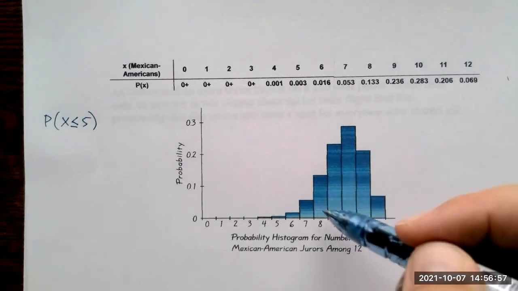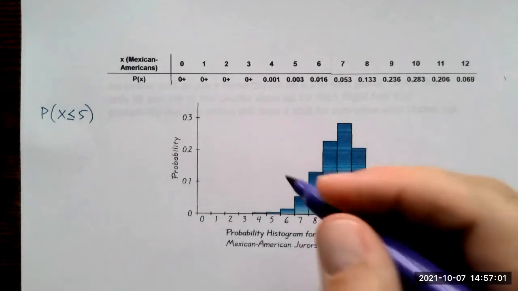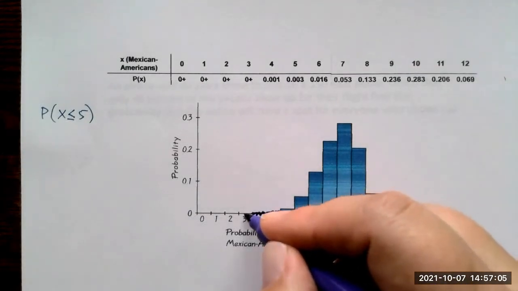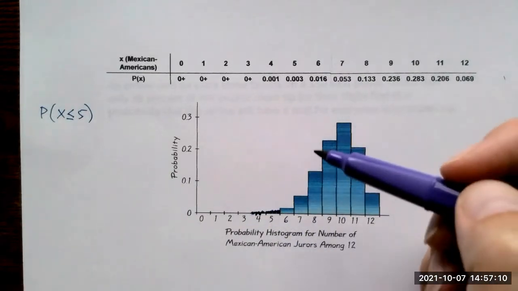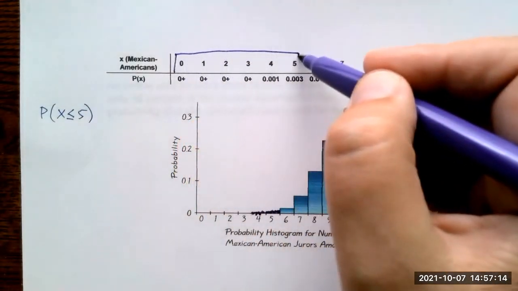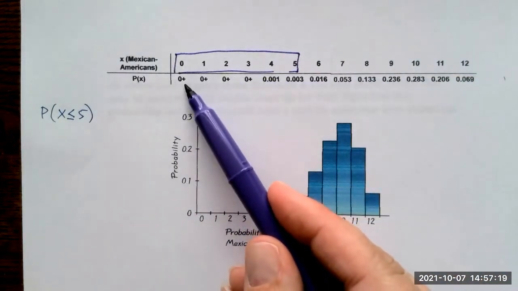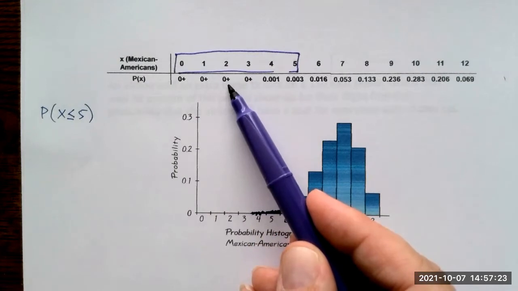On the histogram, 5 or less is right here, 5, 4, and so on, very small values. That's what we expect on the table. See these zeros with pluses? They say there is some probability, but the probabilities are really, really small, very close to 0.